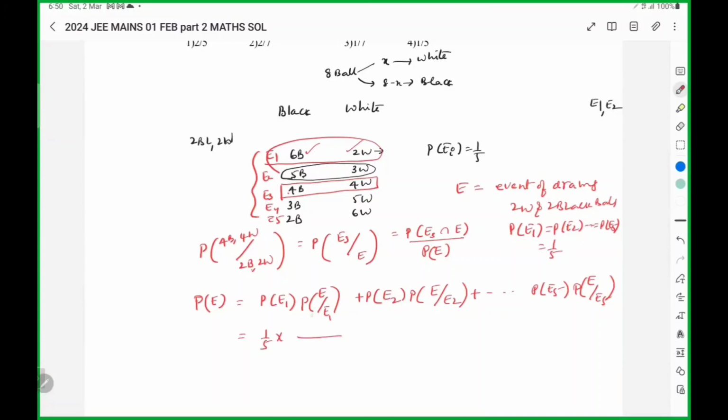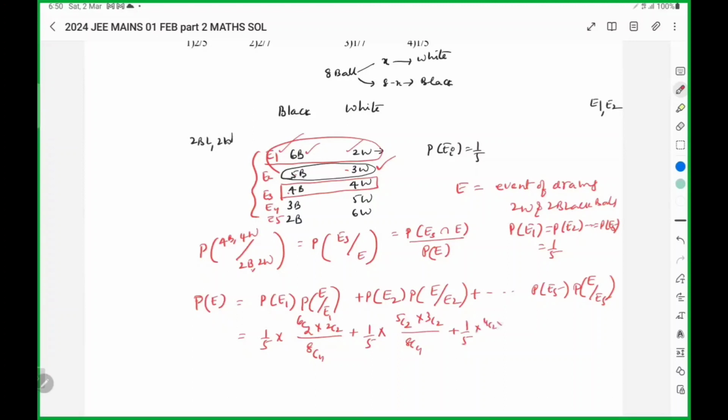So in this case, totally four balls are drawn, and that should be two black and two white. That is 6C2 and 2C2. So 1 by 5. E2 is the case where 8C4. From that E2 case, 5 black, 5C2 into 3C2.